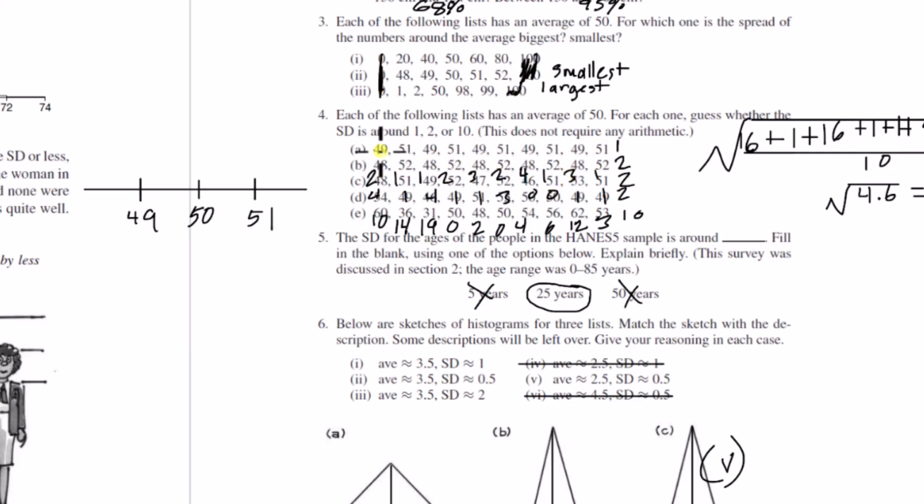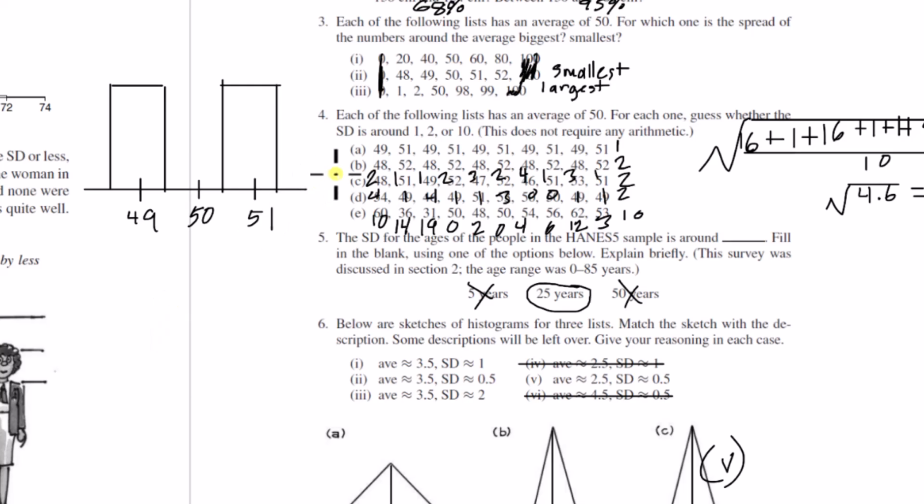You'd have 5 49s and 5 51s. So yes, the median is 50. But then you would have 2 blocks of the same height on 51, like that. That's the histogram for list A.